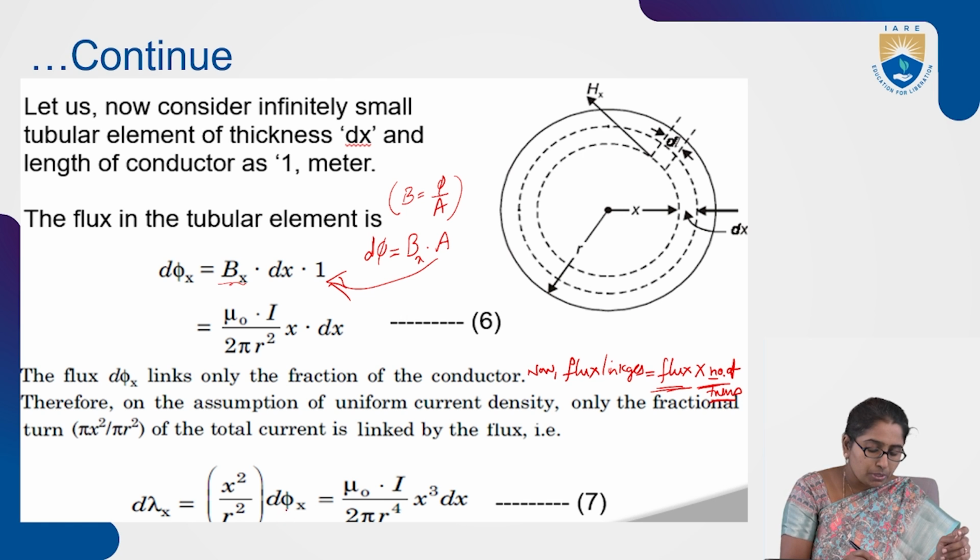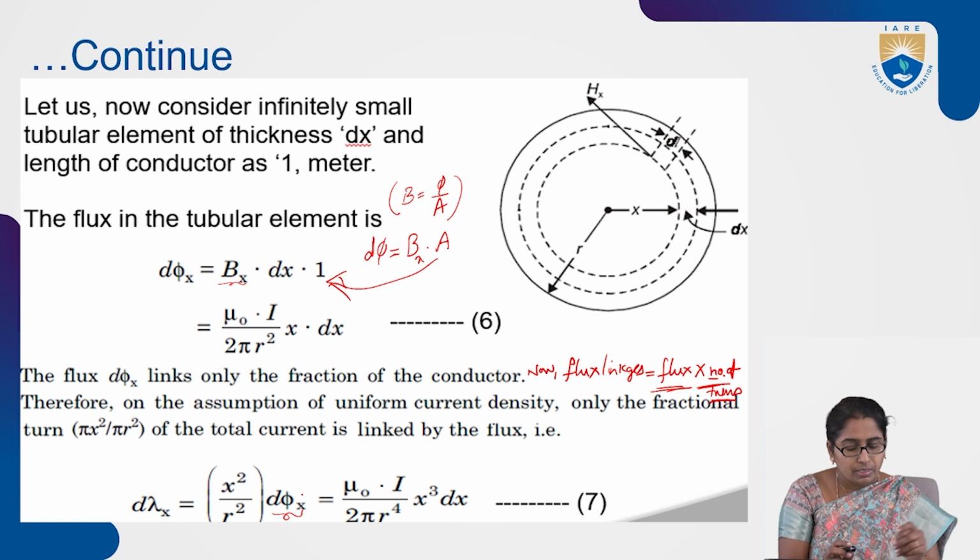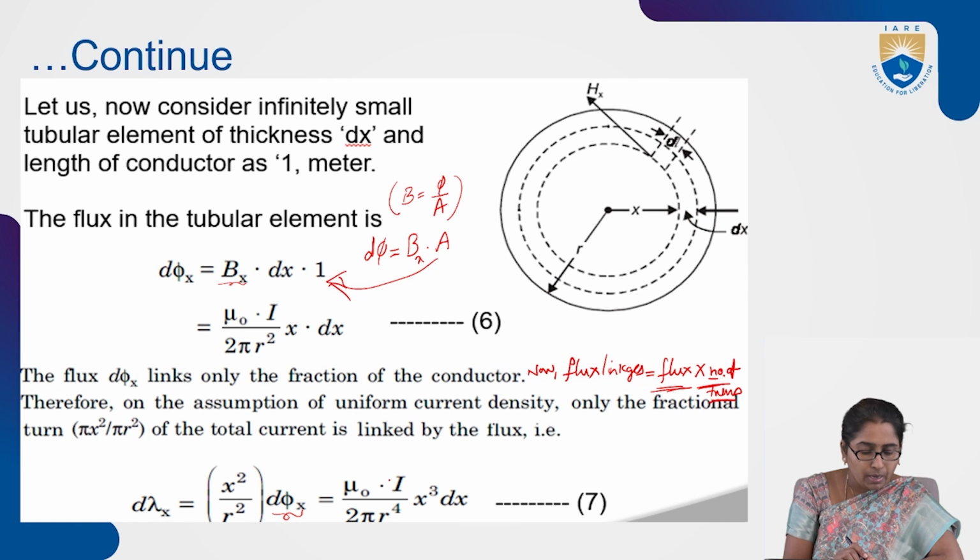Substituting for d phi x, the final expression is mu naught I by 2 pi r square times x into the fraction x square by r square. The number of turns is 1, since we have only one conductor.